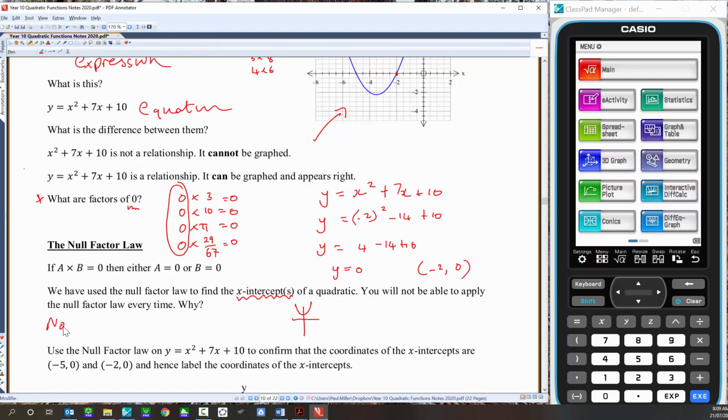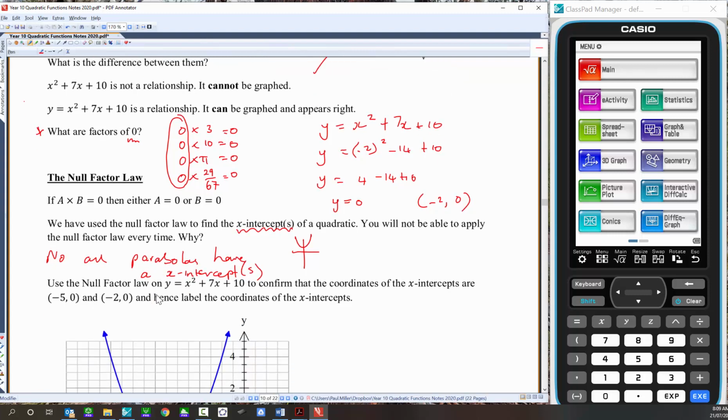So we're going to say here that not all parabolas have an x-intercept or intercepts.